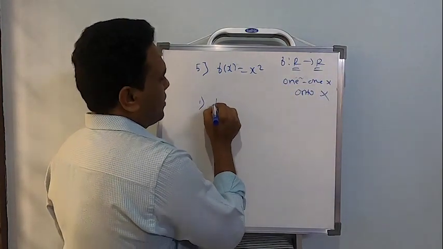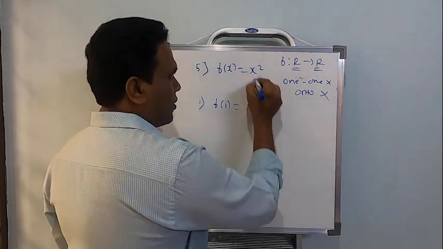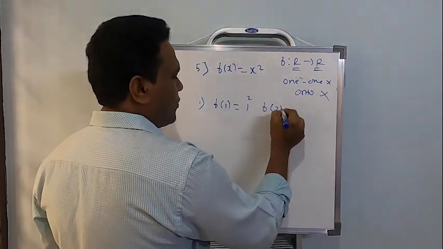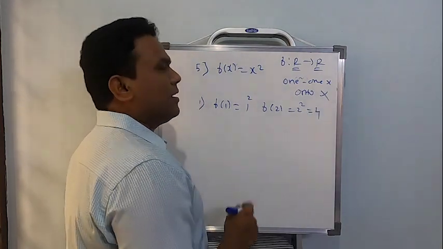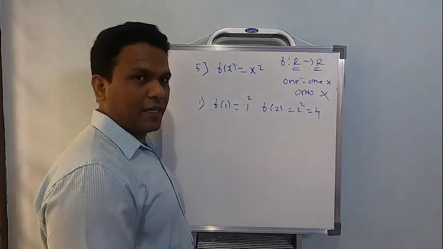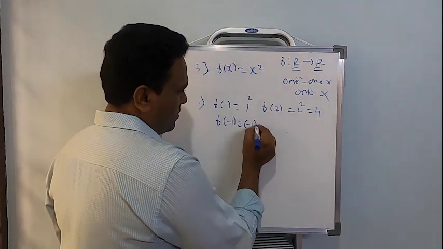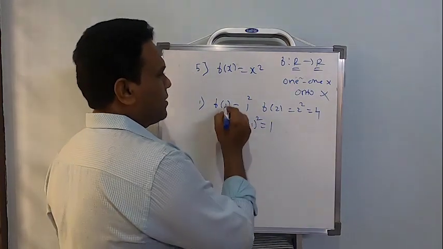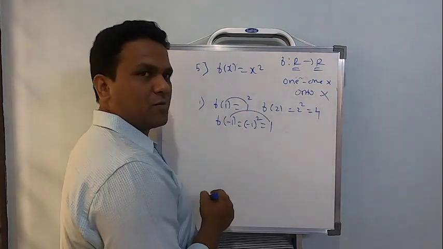Now look here. f of 1 equal to 1. Correct. According to this, 1 square will be equal to 1. f of 2 will be equal to 2 square, which is 4. But real numbers, negative numbers will also be there. f of minus 1 is minus 1 square, equal to 1. Here what is the image of 1? 1. Here what is the image of minus 1? 1.